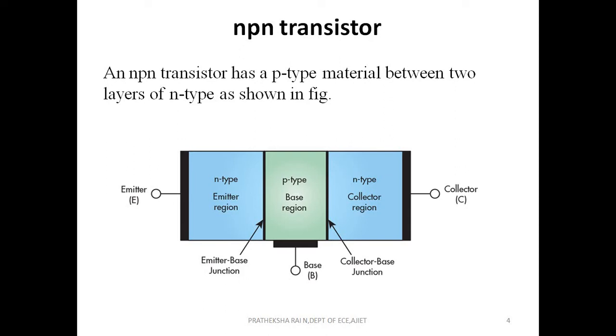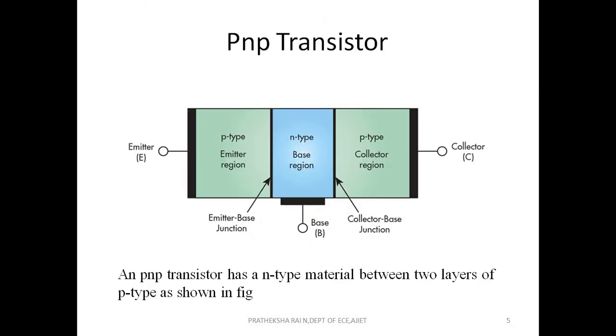An NPN transistor has a P-type material between two layers of N-type. If you see in the figure, we have two N-type materials, and in between that we have a P-type material, and we have three terminals in that. And one more is the PNP transistor.